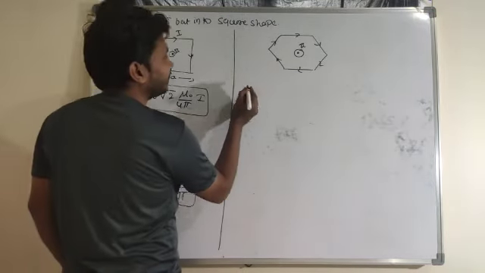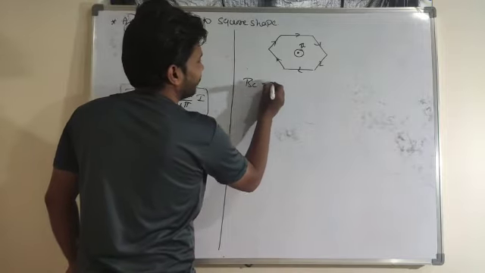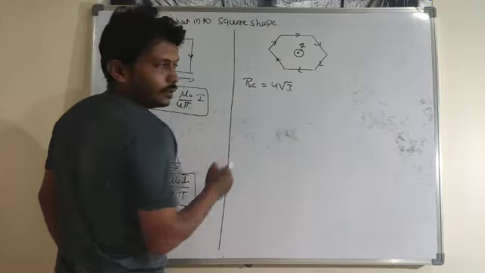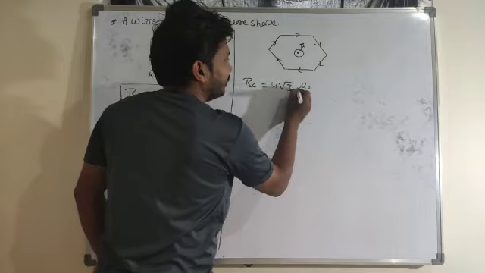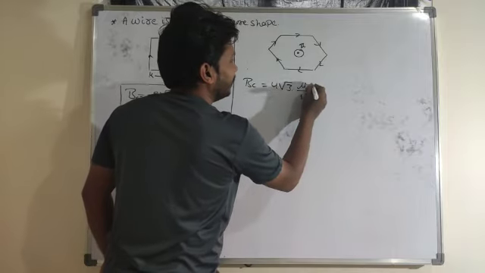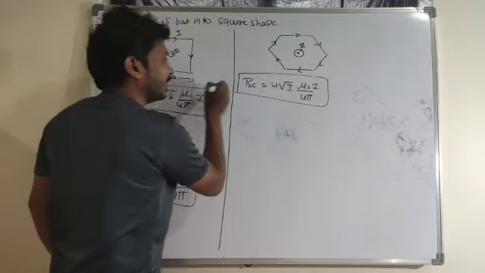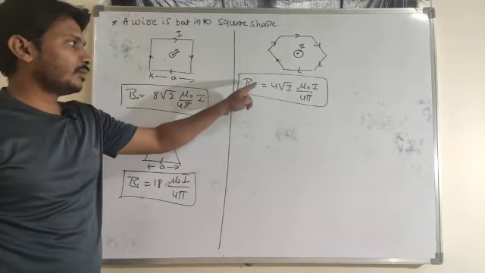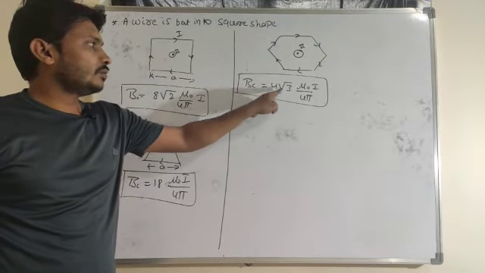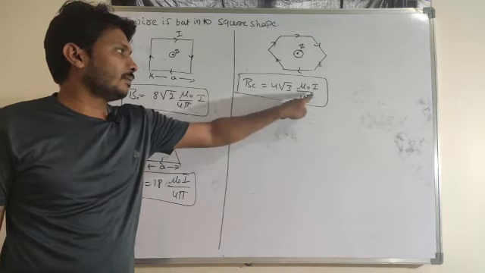The magnetic field at the center of this hexagon is B of C is equal to 4 into root 3 mu naught by 4 pi into I. This is the required formula.